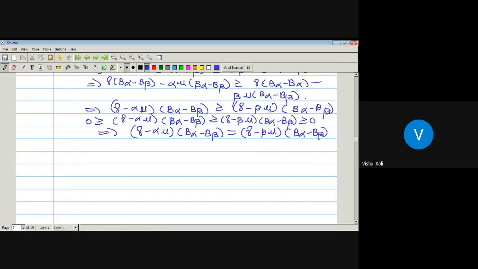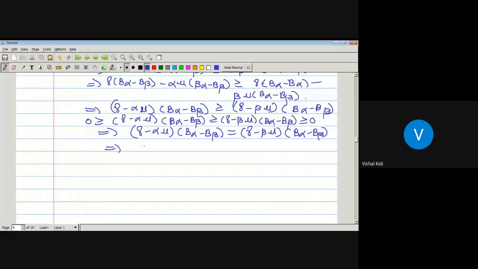Okay. Now, as we have added the term gamma of (b alpha minus b beta) on both sides, we get minus alpha mu of (b alpha minus b beta) is equal to minus beta mu of (b alpha minus b beta).